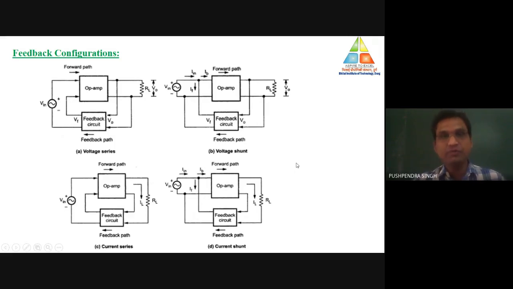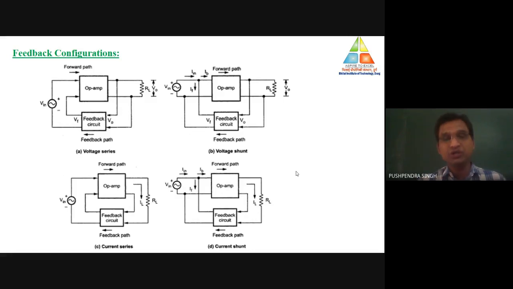Here in the case of the operational amplifier, we have 2 input terminals. Which 2? The inverting terminal and the non-inverting terminal. So the feedback element can be connected either to the inverting terminal or to the non-inverting terminal. But in both configurations, to which terminal should the feedback be given?